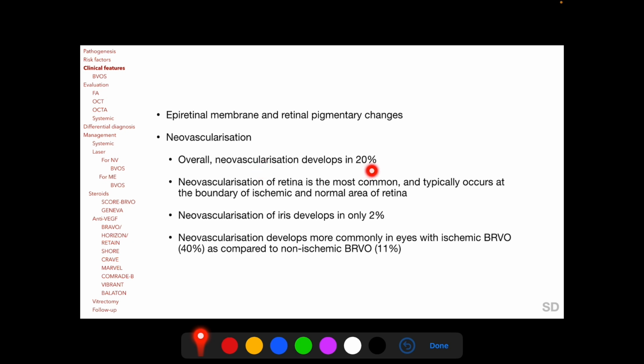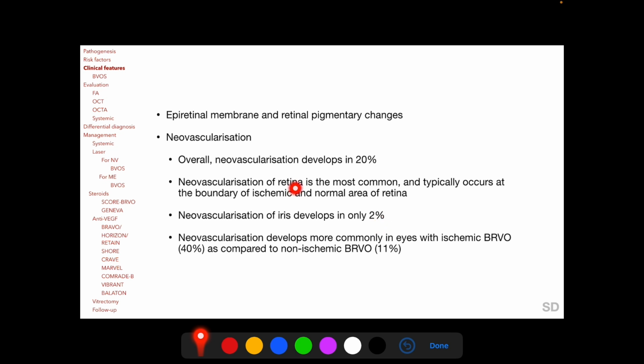of eyes with BRVO, and neovascularization of the retina is the most common in eyes with BRVO, followed by neovascularization on the optic disc, but neovascularization of the anterior segment occurs rarely in eyes with BRVO.